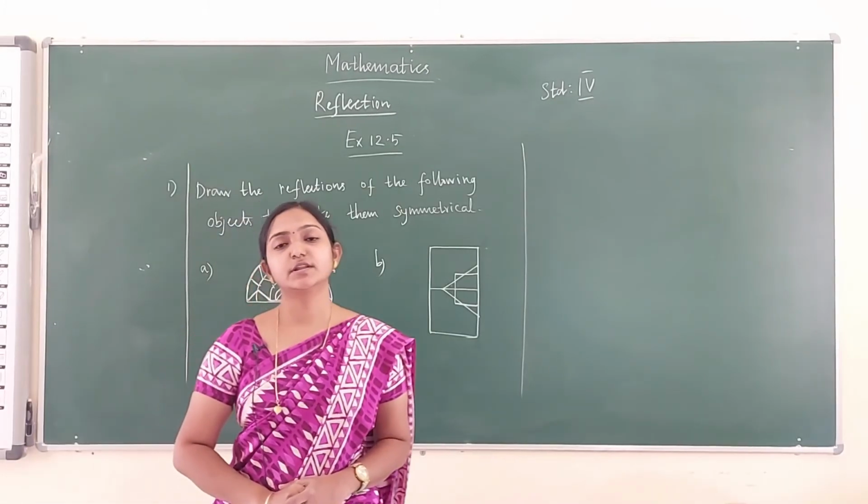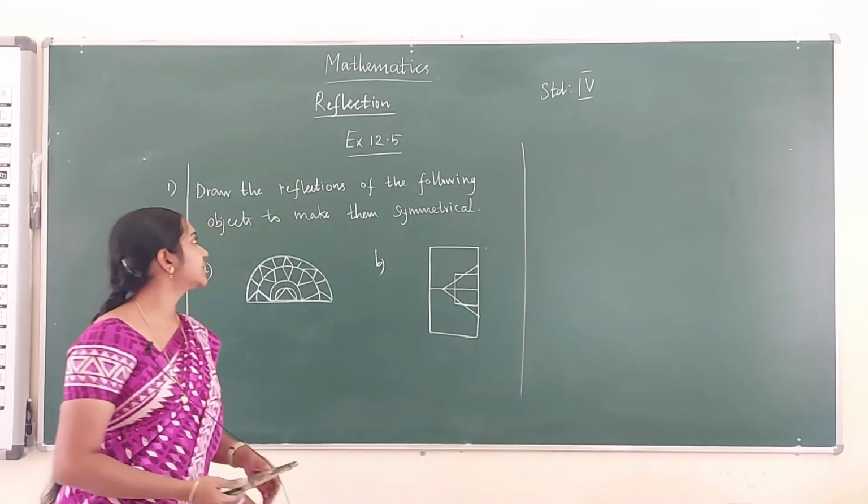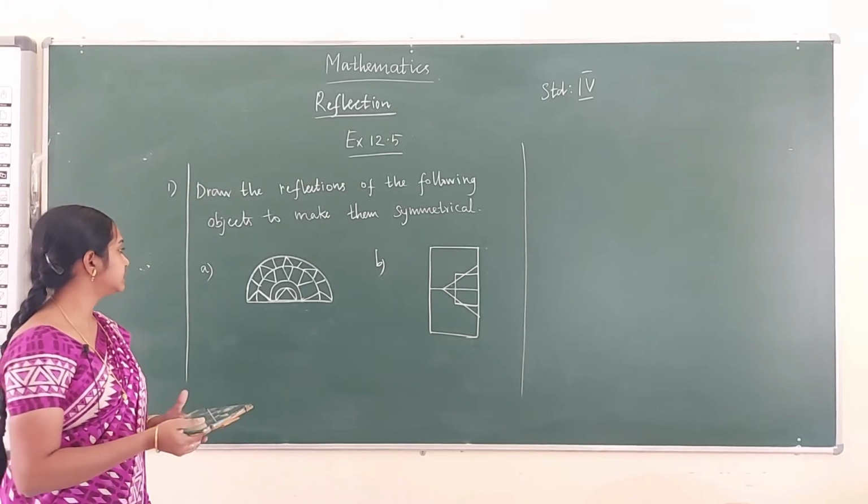Now we are going to solve exercise 12.5. The first problem is draw the reflections of the following objects to make them symmetrical.